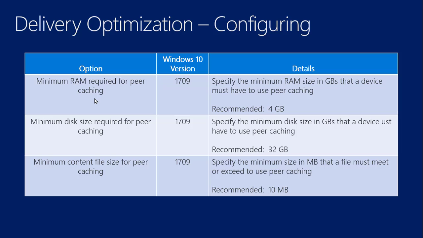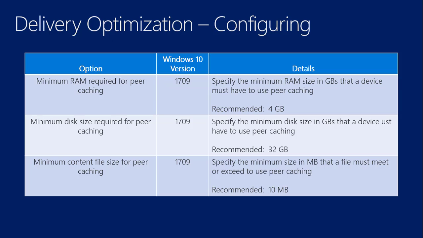This is where you're going to see me deviate in my lab because my devices only have 2 gig of RAM, and I want them to participate in delivery optimization. So my setting is to require 1 gig, and you'll see that as we go through the config I have deployed. Minimum disk space required for peer caching. So I think I did leave the 32 gig disk space, which should be fine for me.